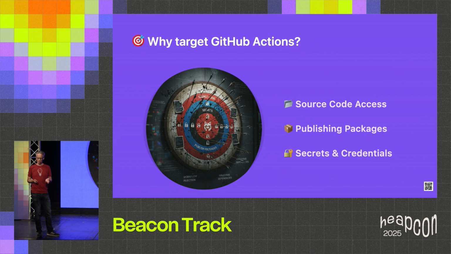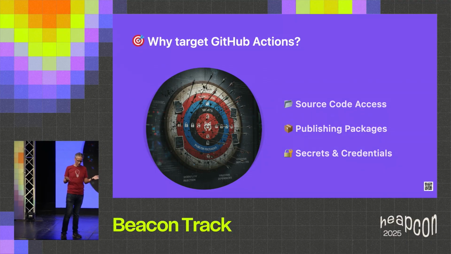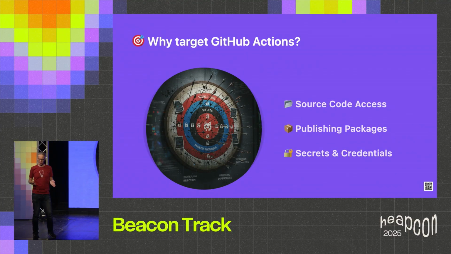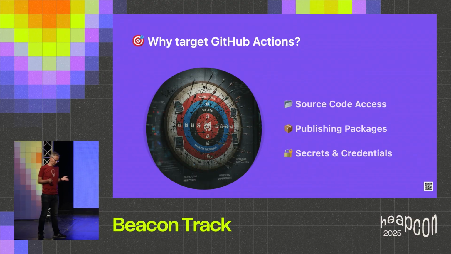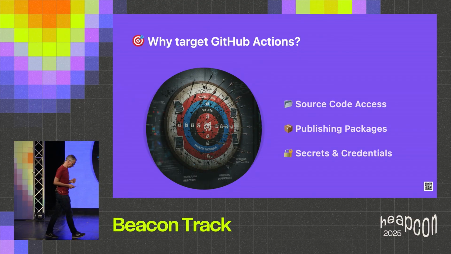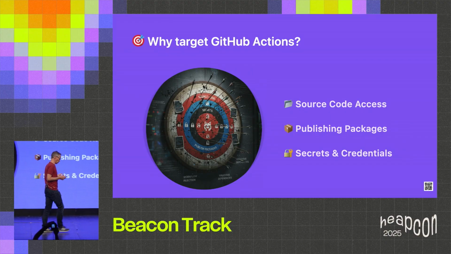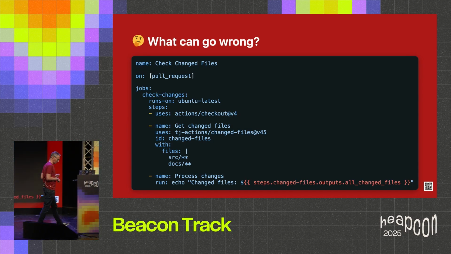And with the secrets you can then do what the secret can do. If you use GitHub Actions inside your company, it could also be a way to steal your company code, of course, because the action has access to your source code. So these are all reasons why GitHub Actions is an interesting attack vector.